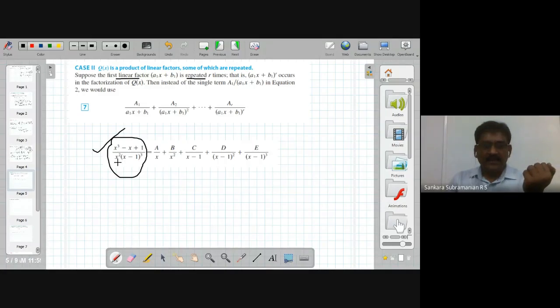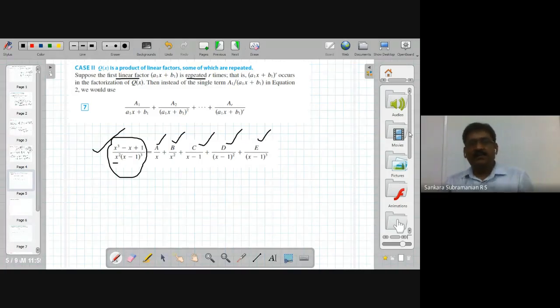Since x is a repeated linear factor, x square means repeated linear factor, you have to write A by x plus B by x square. And x minus 1 whole cube is a factor repeated 3 times, so you have to write terms for x minus 1, x minus 1 whole square, and x minus 1 whole cube, and that is repeated for various repeated factors, right?